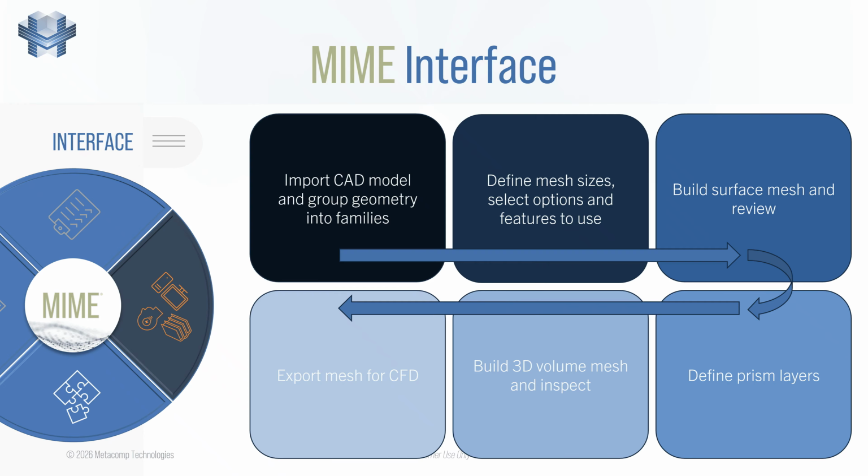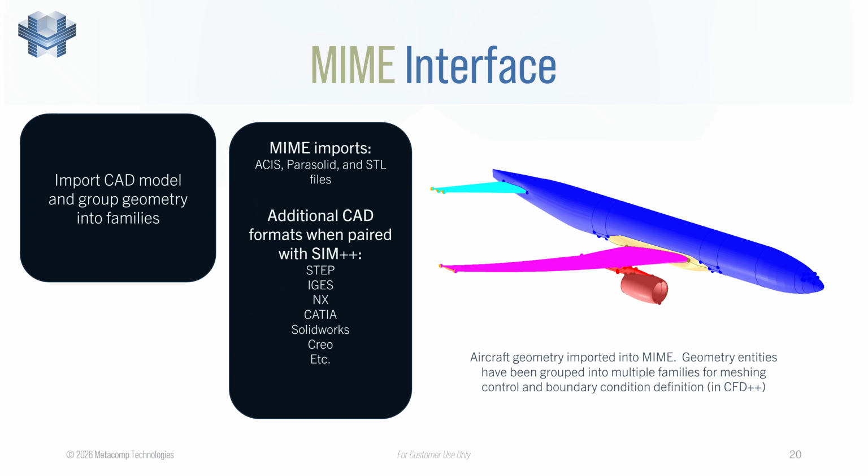For 3D problems, these steps are then followed by the definition of prism layers and the generation of the volume mesh. The final mesh, whether 2D or 3D, may then be inspected and exported to a format that is compatible with supported analysis packages. Let's take a closer look at each of these steps.